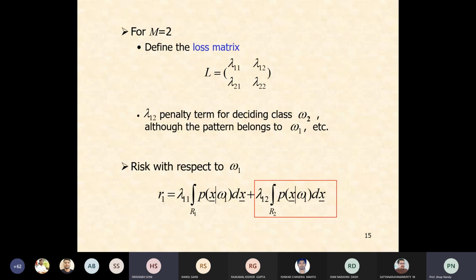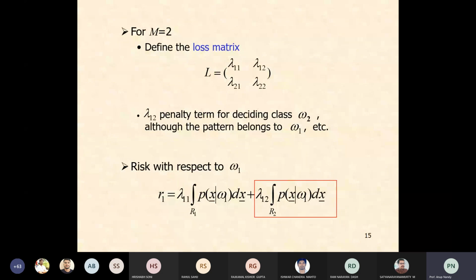Yes, because of the data points that you want to test, whatever test sample you are going to have, after classifying this pattern. Pattern means this set of observations. After applying the Bayes decision rule, whenever you classify using the Bayes decision rule, you are incurring some penalty.